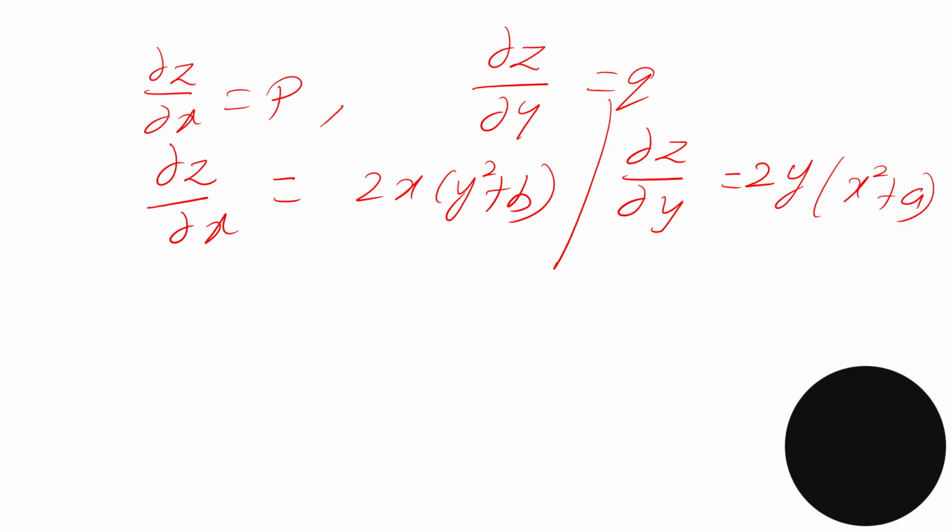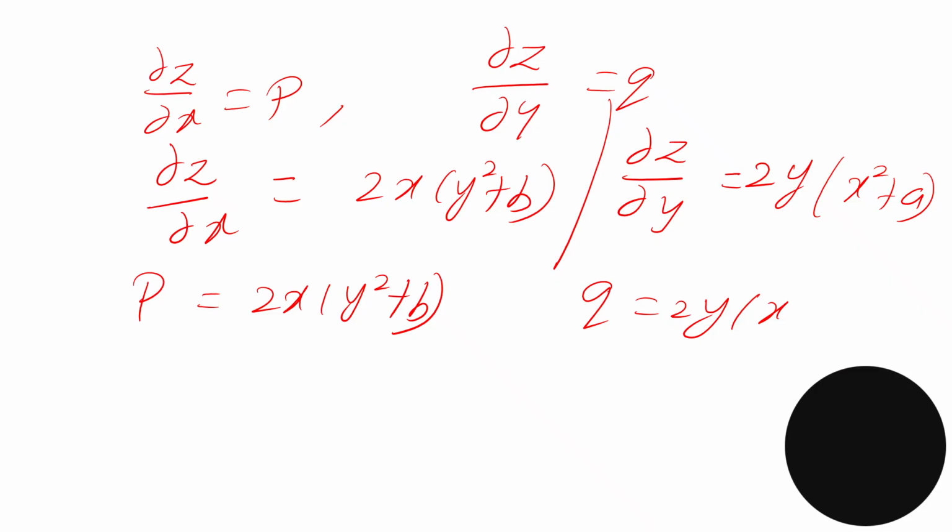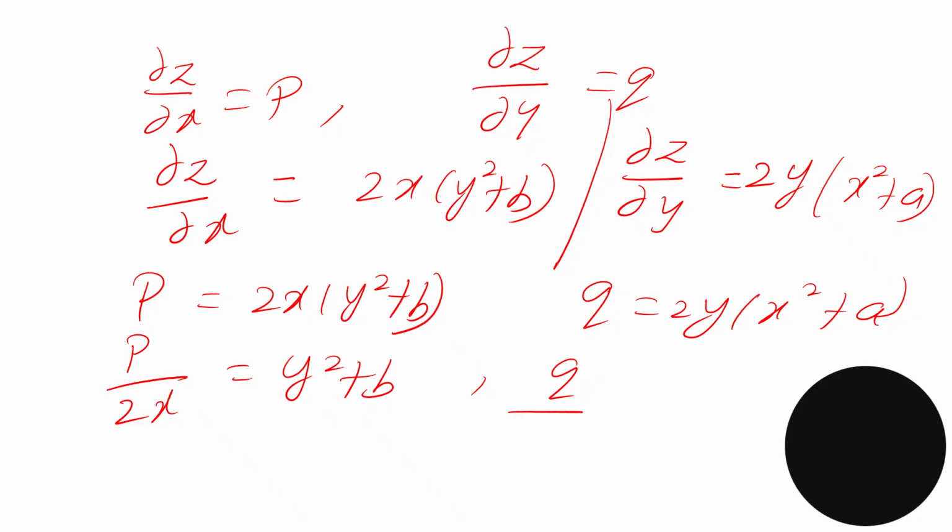So p equal to 2x into y square plus b, and q equal to 2y into x square plus a. Now just swap the equation: p by 2x equal to y square plus b, and q by 2y equal to x square plus a. So now this is 2, and this is 3.